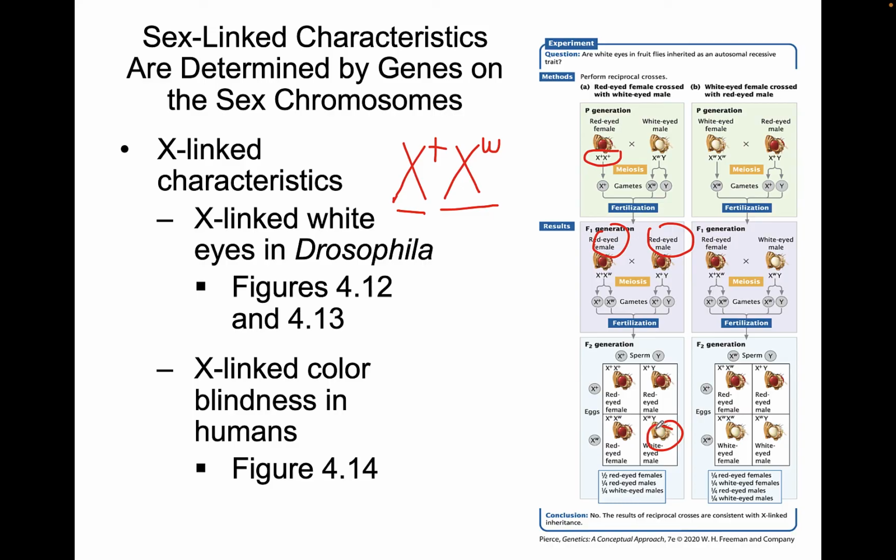But when he began to do a second round, it showed up, but only in males at a smaller rate. So Morgan proposed that the locus affecting eye color is on the X chromosome, because it disproportionately affected males compared to females in terms of white eye color.